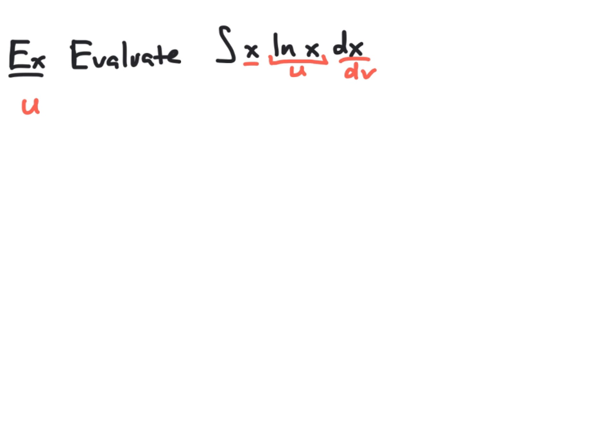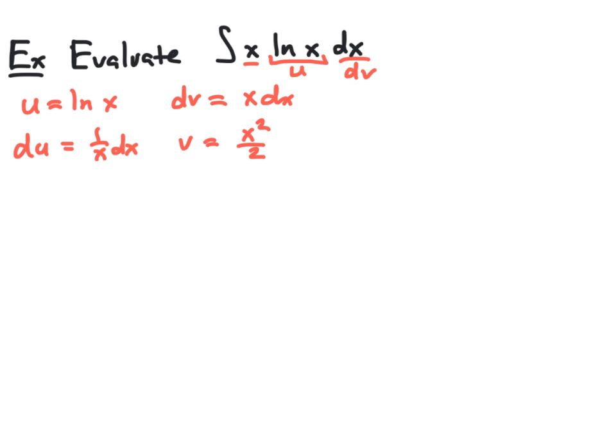So if we go through the process here, we have u is the natural log of x, and dv will be x dx. We can differentiate u to get 1 over x dx. That's the derivative of the natural log function. And v is the antiderivative of x, which will be x squared over 2.